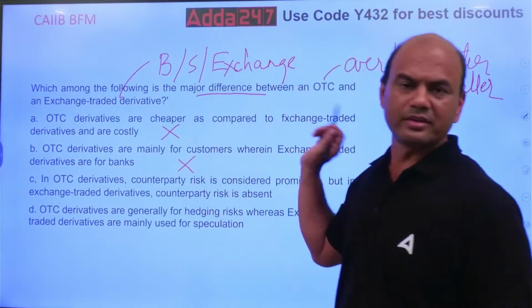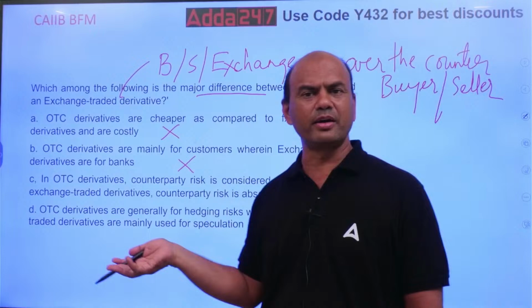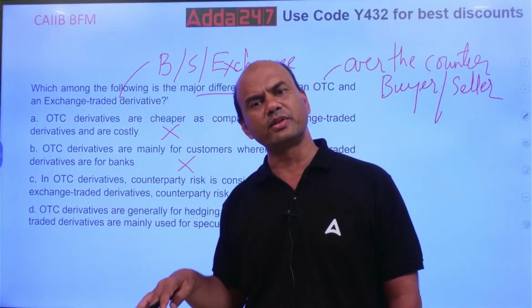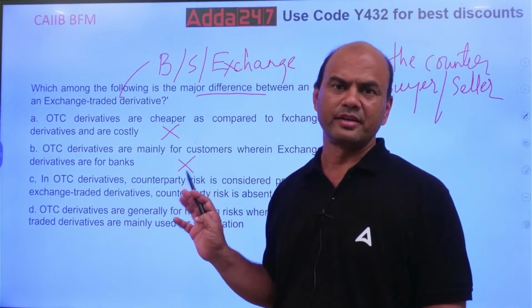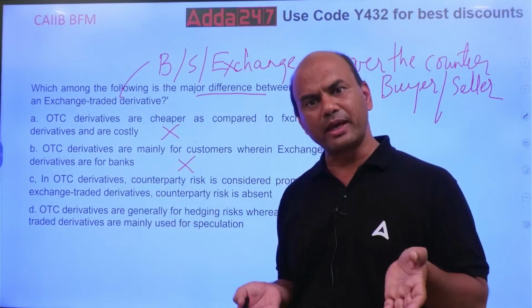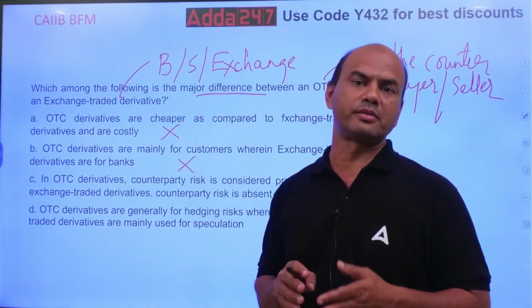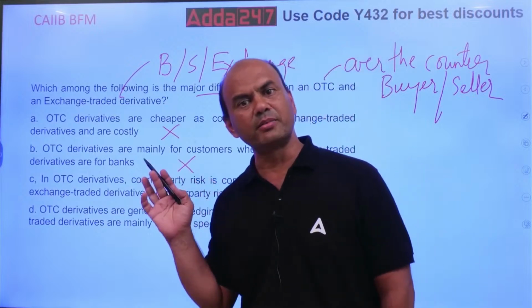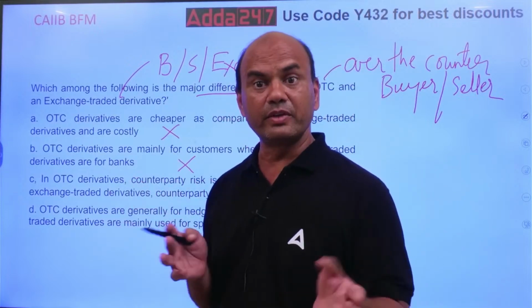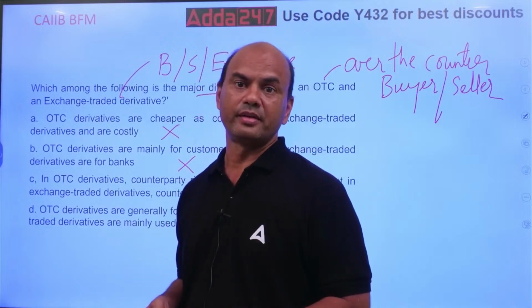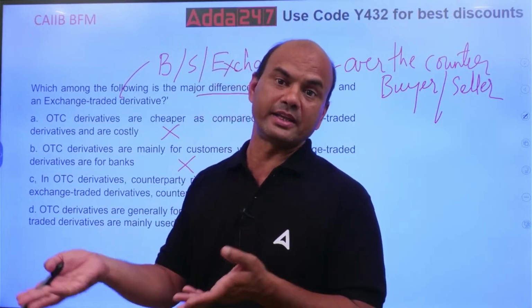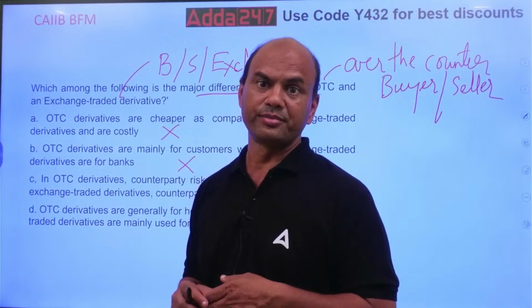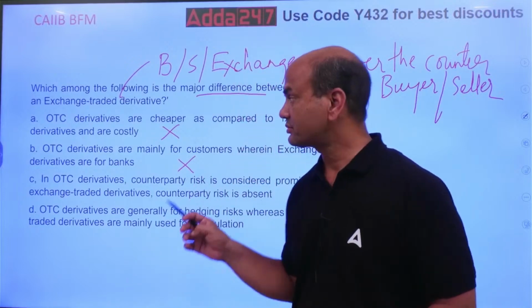Anything is for anyone. In fact, mainly the banks deal in OTC products, bank to bank. All their treasury transactions are mainly done by the banks between themselves on phone, and then they input it in that NDS. So this is the way.